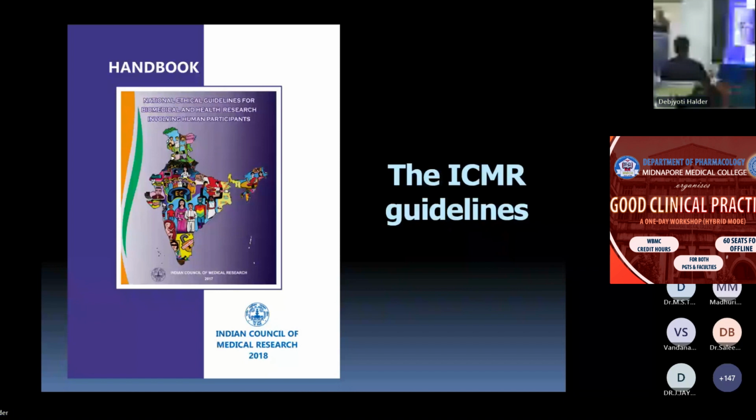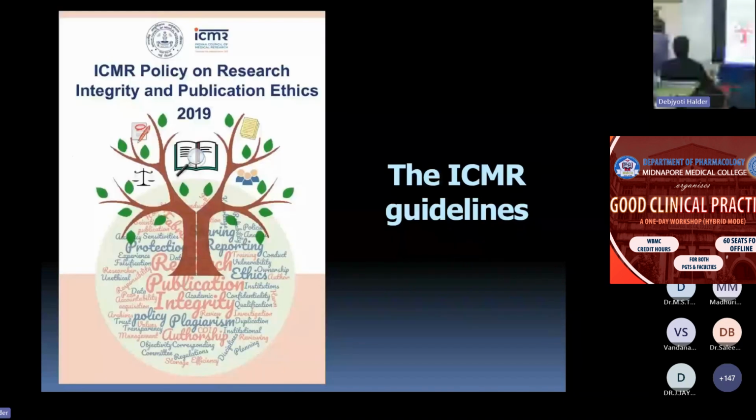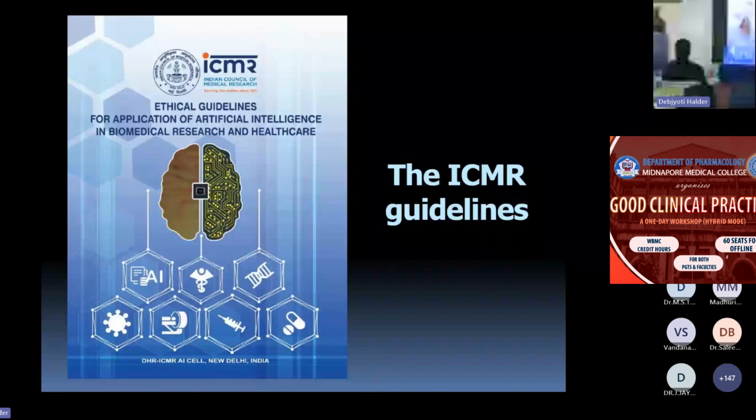ICMR has brought out other guidelines helpful in the process of research, like in 2019, a policy on research integrity and publication ethics, and the very latest this year, ethical guidelines for application of artificial intelligence in biomedical research and healthcare.